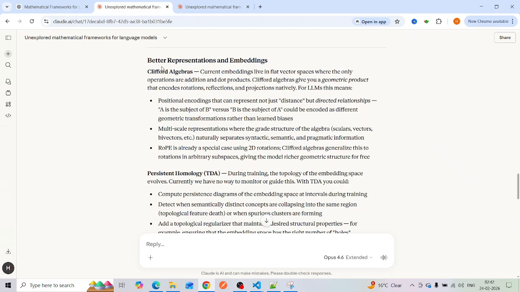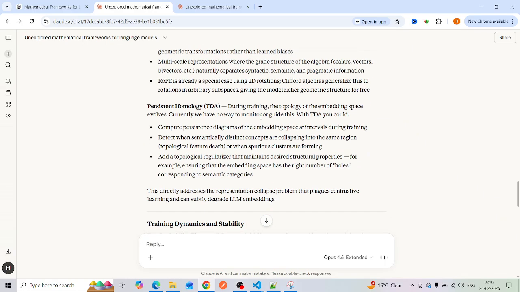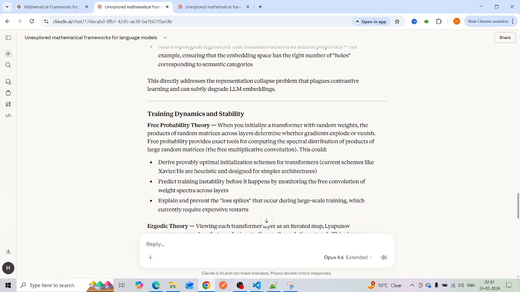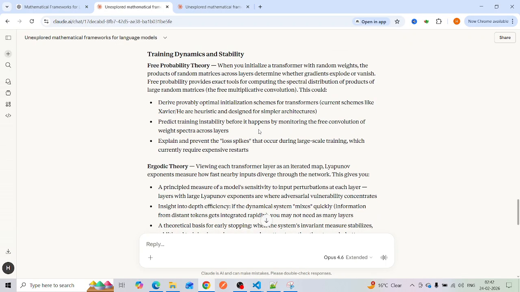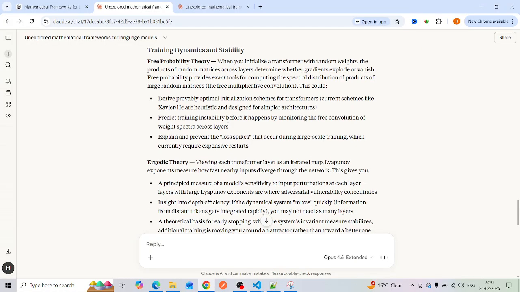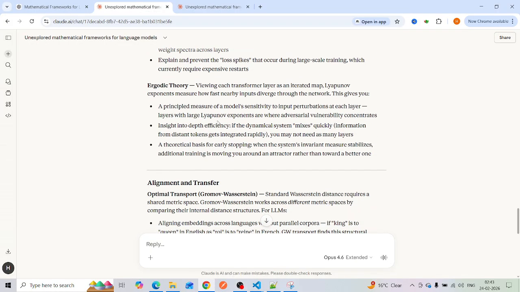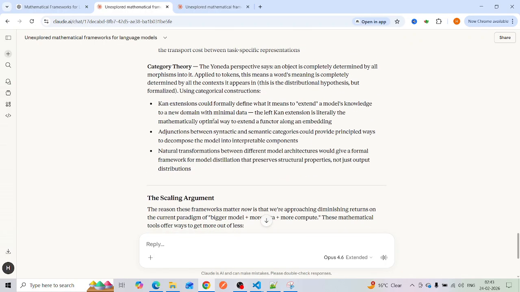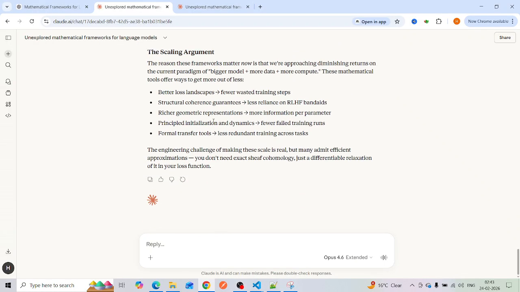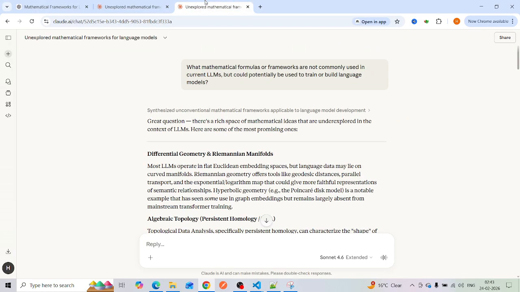Then we have better representations in embeddings, persistent homology; training dynamics and stability, free probability theory; ergodic theory, alignment and transfer, scaling argument. Now we will see what Claude Sonnet 4.6 extended is saying.